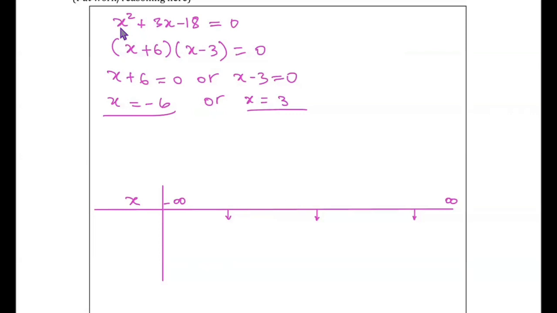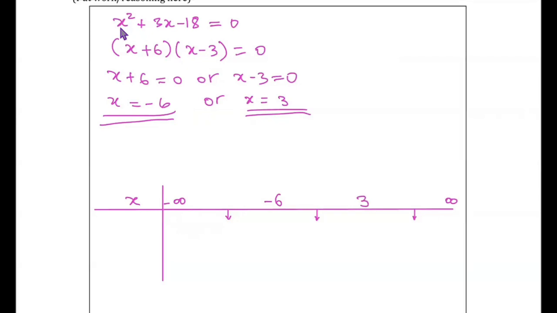But let's take some stops at the values x equals -6, x equals +3, where the expression is equal to 0. So we're going to take x from -infinity to -6, from -6 to +3, and from +3 to +infinity.